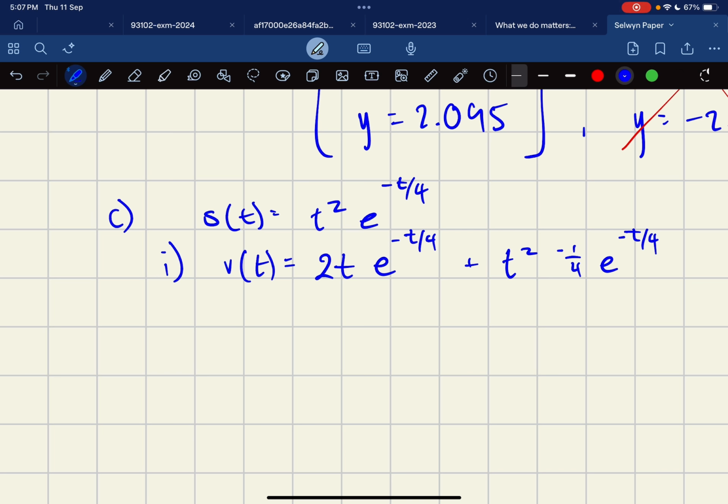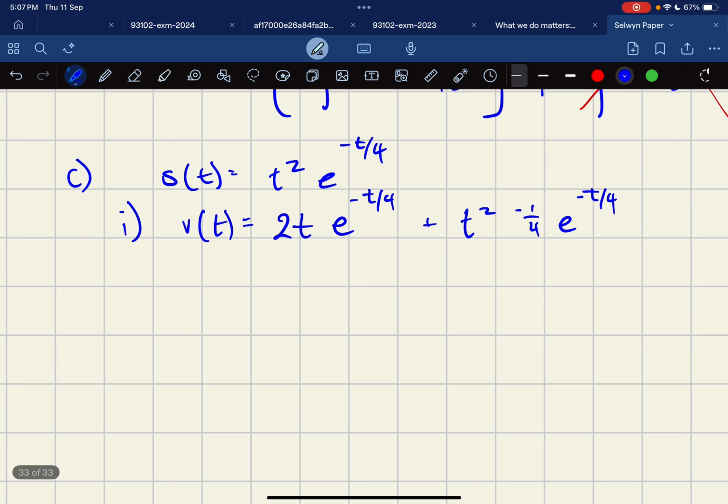So that's the velocity function. You can tidy it up a little bit by factorizing out the e to the negative t over 4. So this is e to the negative t over 4 times 2t, and then minus t squared over 4.